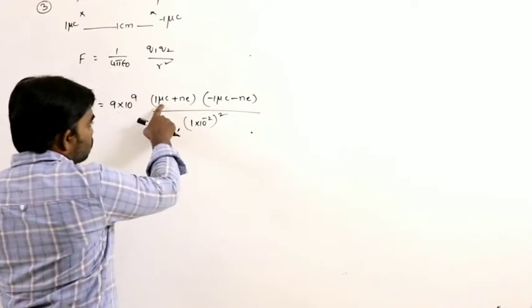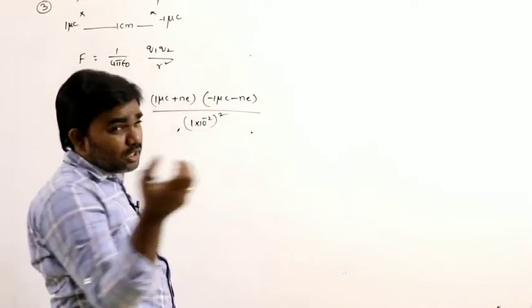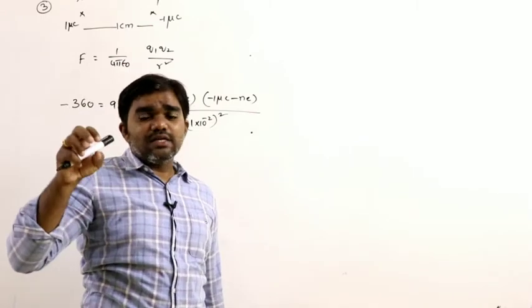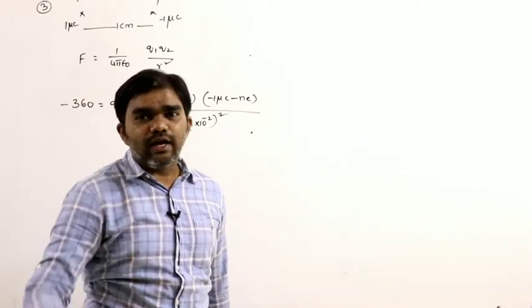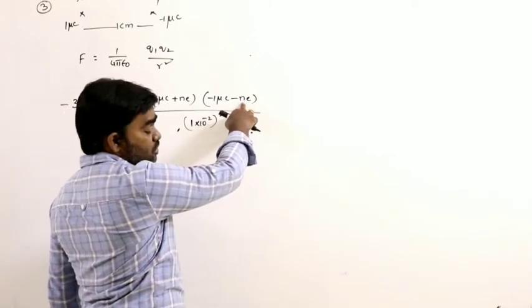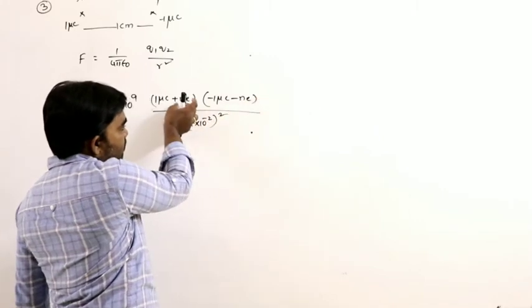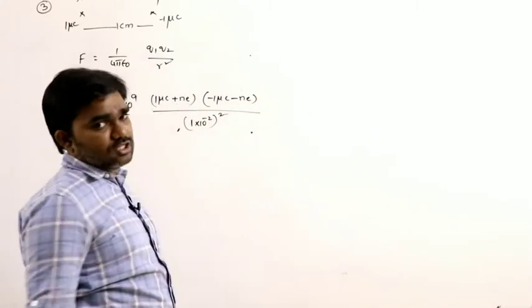So 1 microcoulomb is the positive charge, and some electrons are removed from one charge and the same amount of electrons added to the other charge. Let us say the number of electrons removed from the second charge is Ne, and the same number of electrons are added to the first charge.